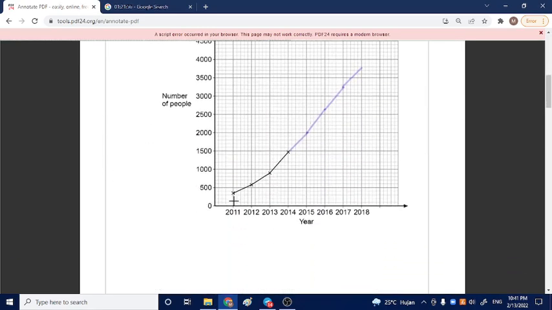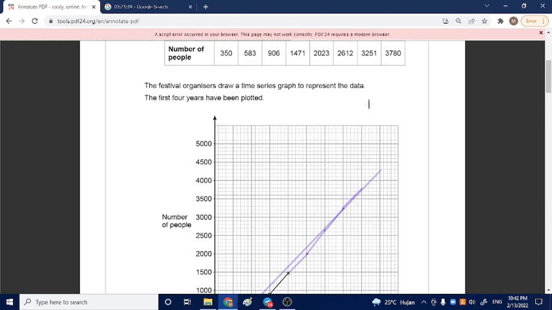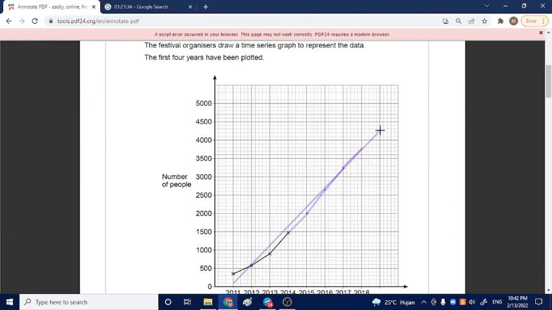It is more like this. Yeah, it looks more best fit liney, and that is 4300. Let's say this is the best fit line.